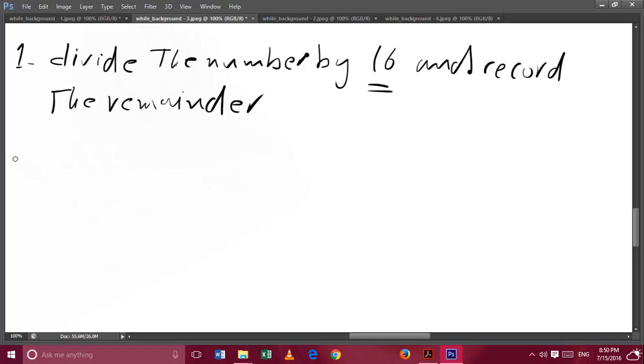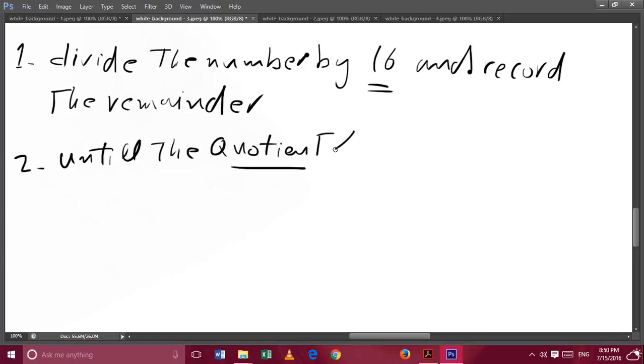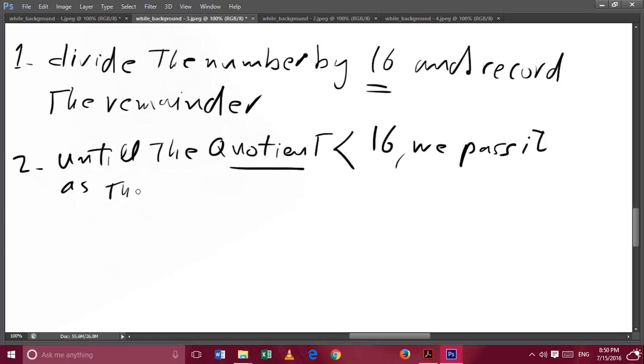Okay, and then we keep doing this until the quotient, remember this, is less than 16. When the quotient is less than 16, we pass the quotient as the last remainder, and then we are done. Okay?